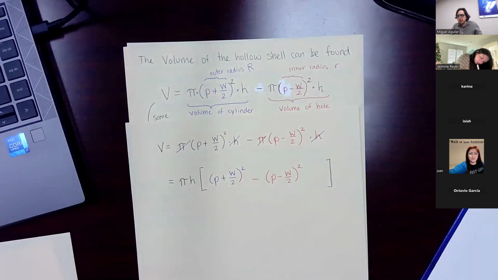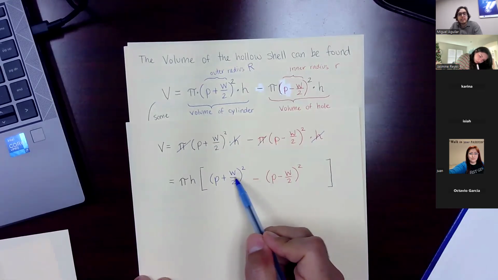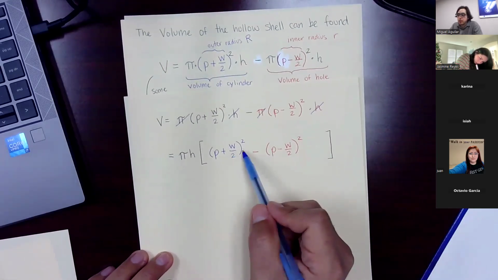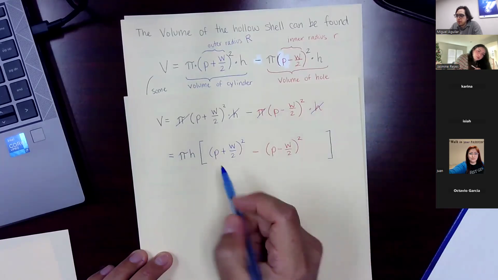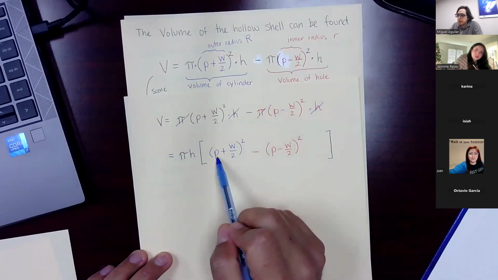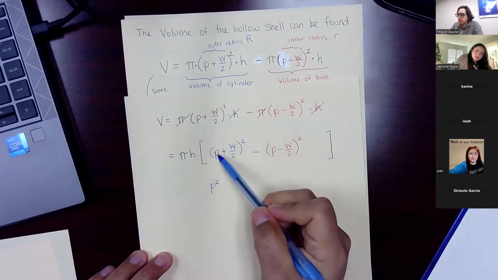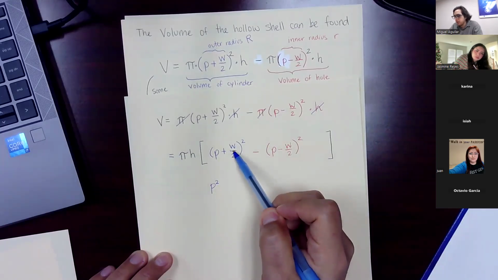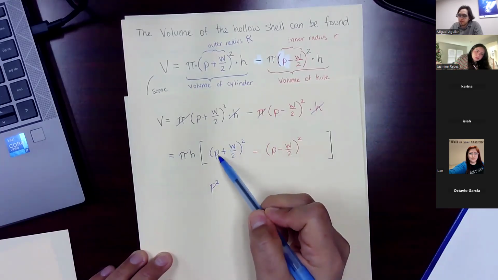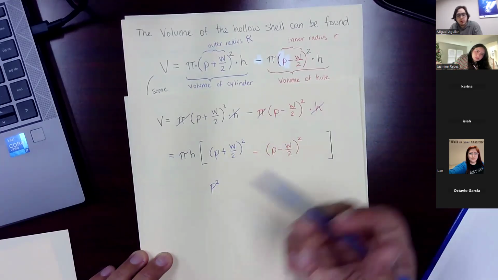Okay. But then squaring these is kind of a lot of work to do. You could do that scratch work somewhere else, but there's a really common formula. If you needed to multiply this by itself, you would do p times p, which would be p squared. Then you would do p times w over 2, and then w over 2 times p. So imagine that I'm FOILing this out.